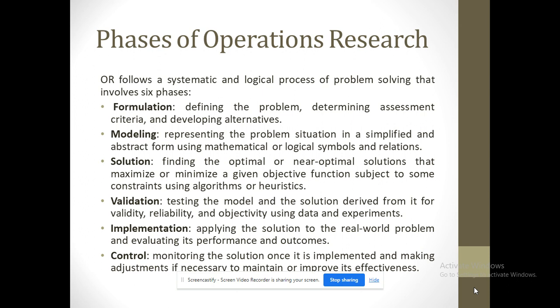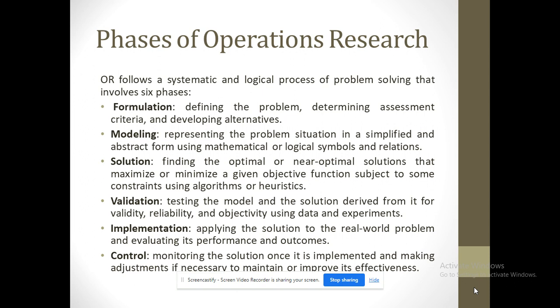Solution. This is the phase where the analyst finds the optimal or near optimal solutions that maximize or minimize a given objective function subject to some constraints using algorithms or heuristics. An algorithm is a step by step procedure that is guaranteed to find the solution or optimal solution in a finite number of steps.